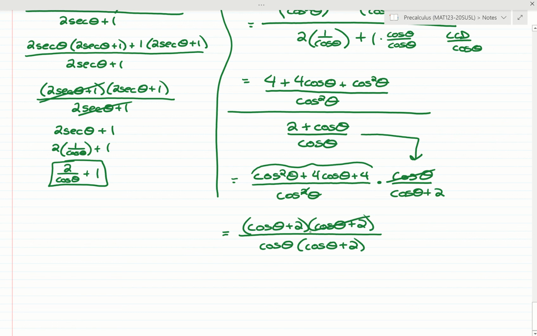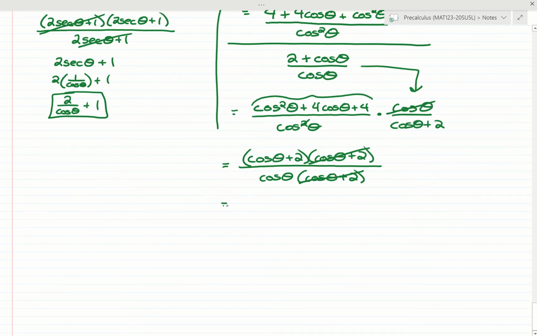Now these are the same factors. We're dividing and multiplying by the same factors. And we could write cosine of theta over cosine of theta plus 2 over cosine of theta, which gives us the same exact answer. 2 over cosine of theta plus 1 is exactly what we got on the other side.